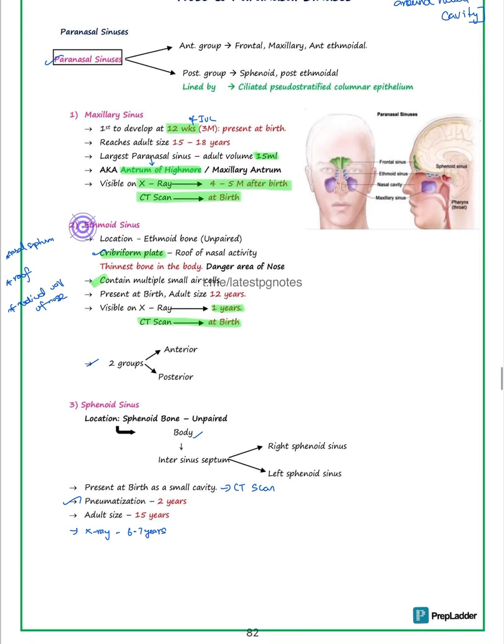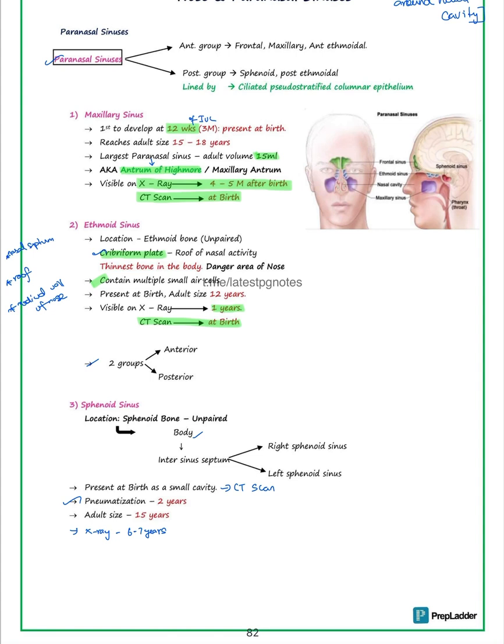Then the ethmoid sinus. There are two types, the anterior group and the posterior group. Both are present in the ethmoid bone. You can see it is present in the ethmoid bone, and it is also present in the cribriform plate. It is the thinnest bone in the body, so it is a danger area of the nose.